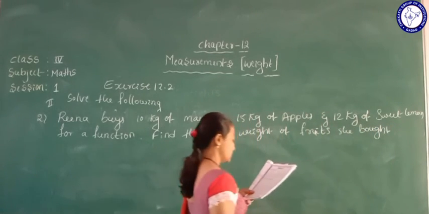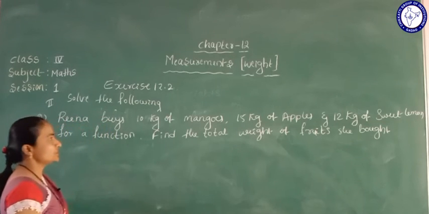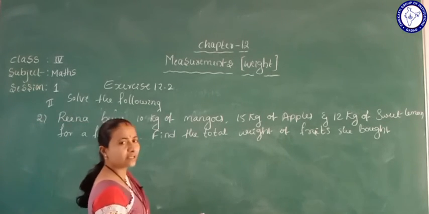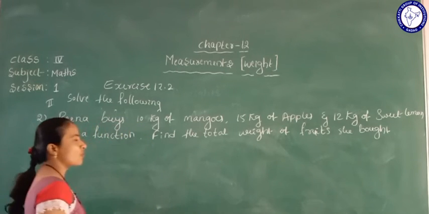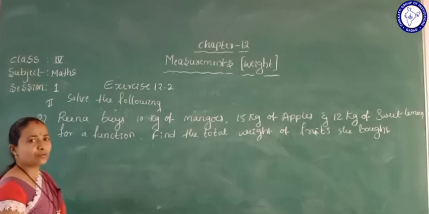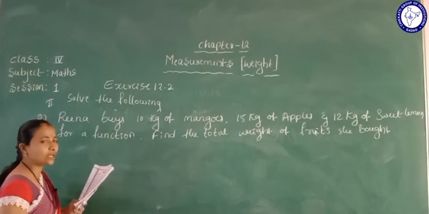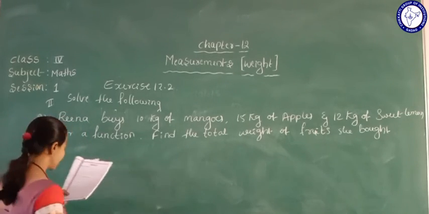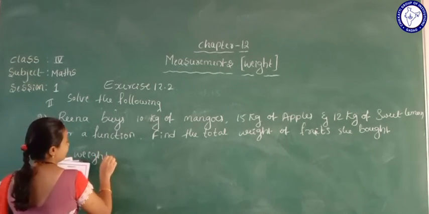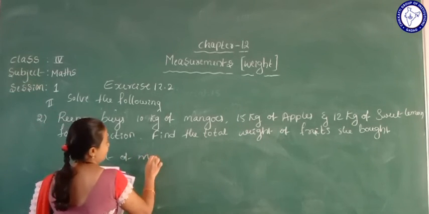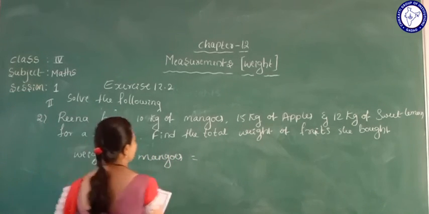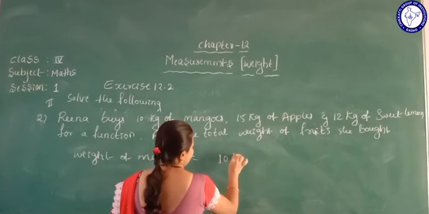Yes. So here Reena buys 10 kg of mangoes, 15 kg of apples and 12 kg of sweet lemons for a function. Find the total weight of fruits she bought. It means totally how many fruits she bought. Okay. First we'll write weight of mangoes. Weight of mangoes is 10 kg.